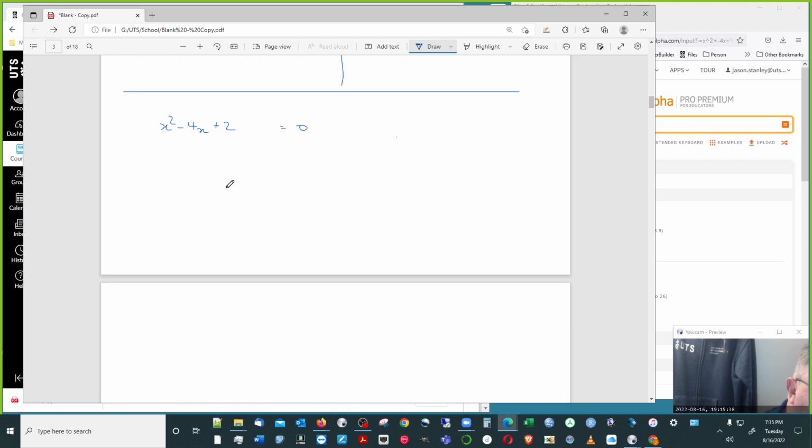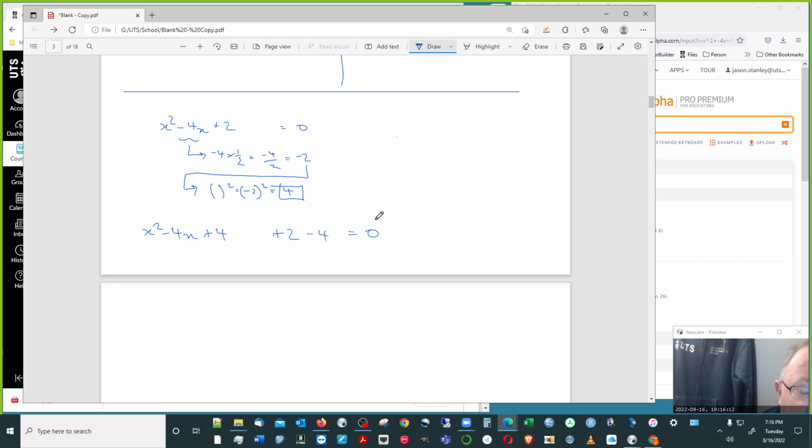Now we've got to go through the steps of making a perfect square, so we've got to take the coefficient, times it by a half, and then square that. And that's our square number. That goes together with our x squared minus 4x. We're going to add 4, so we've got our plus 2 shifter. We added 4, so we've got to subtract 4.